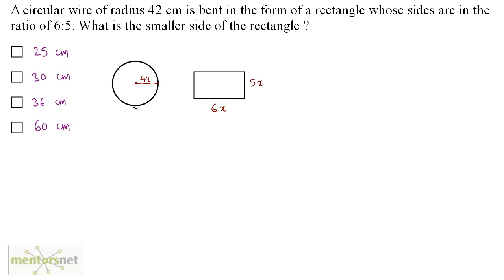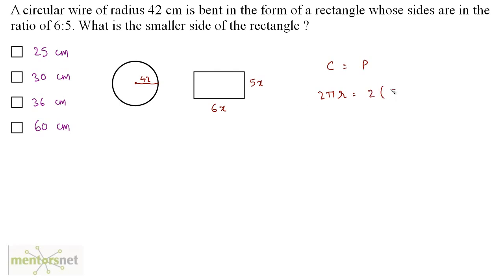That means the perimeter of the circle will be equal to the perimeter of the rectangle. In other words, the circumference of the circle is equal to the perimeter of the rectangle. So C is equal to P. What is the formula to calculate the circumference of a circle? That's 2 pi r. It is equal to the perimeter, which is 2 times (L plus B).